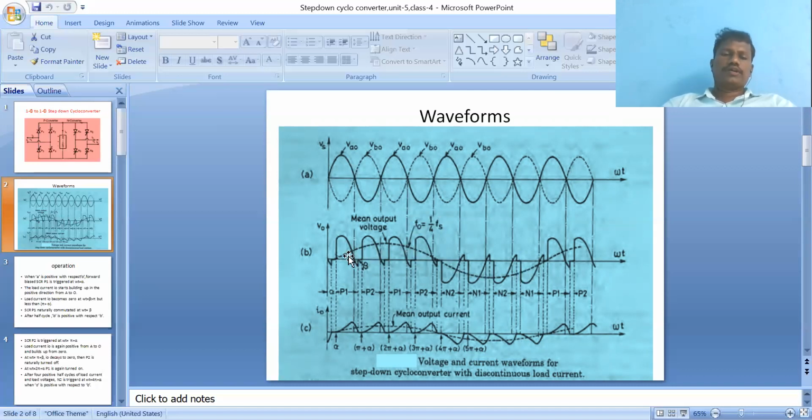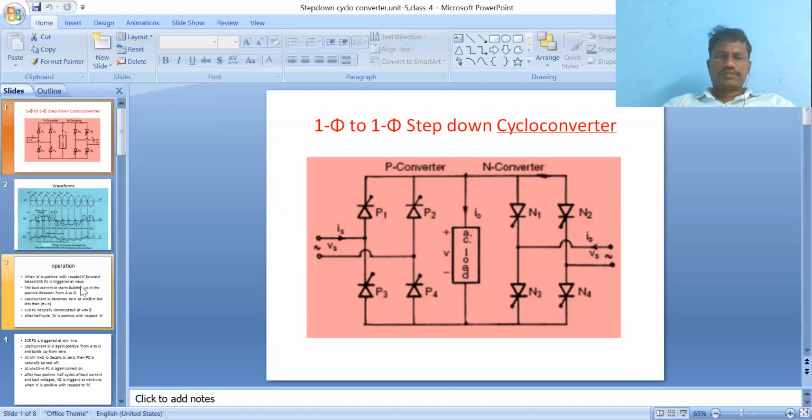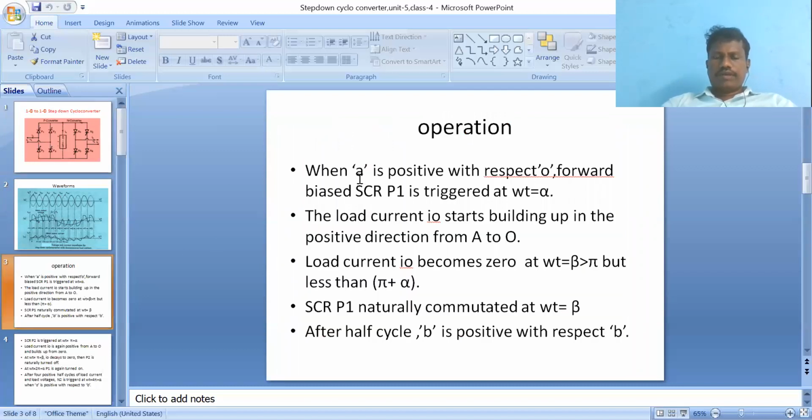So let us take the operations. Here, when A is positive with respect to O, SCR P1 is triggered at P1.